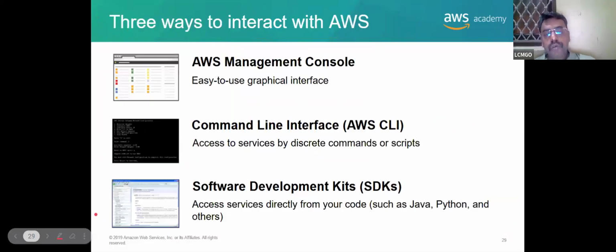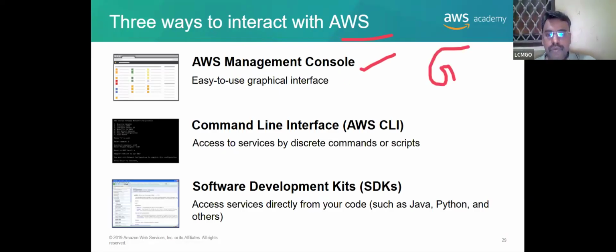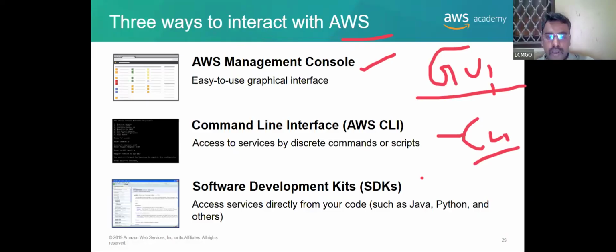Now, how do we interact with AWS? How are we going to use AWS? We are going to interact with AWS through the Management Console, that is your GUI, graphical user interface, or you can go with the CLI, the command line interface, or the SDK. That means through something like VS Code, which you connect through your code, like Java or Python or other programming languages, you can connect to your AWS account.